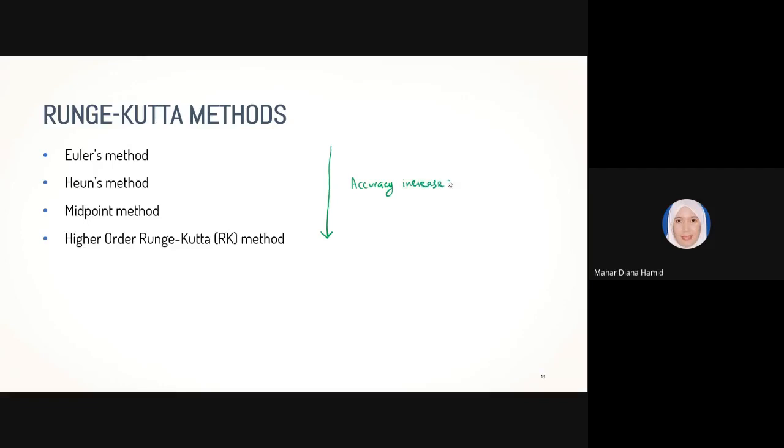Why do we have this phenomenon? The reason is the way that we evaluate the slope. In the first method, we evaluate the slope using the initial slope.